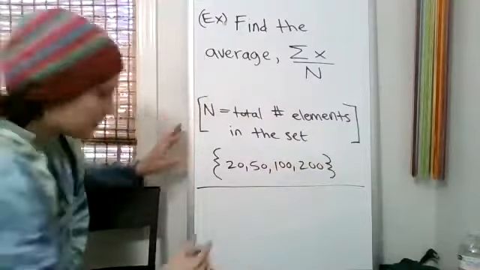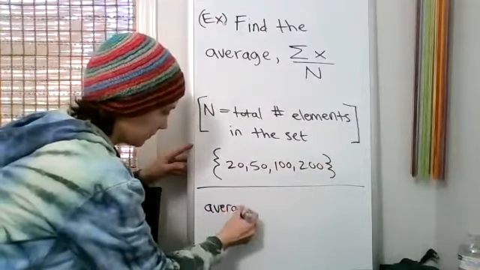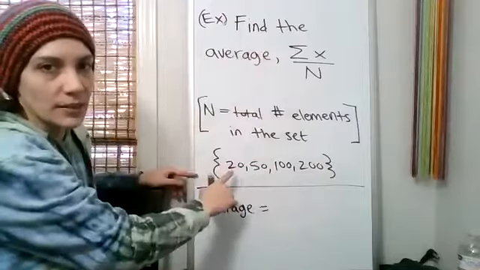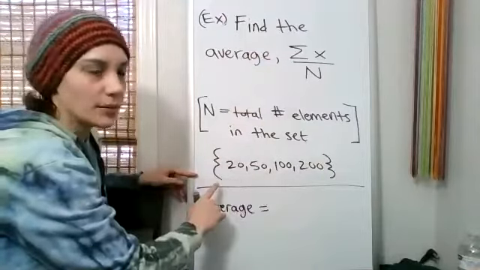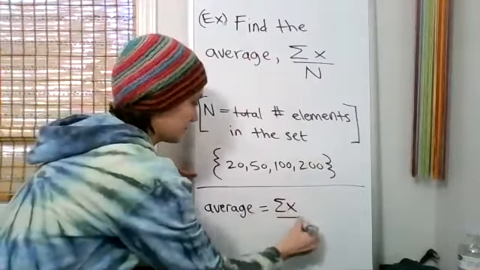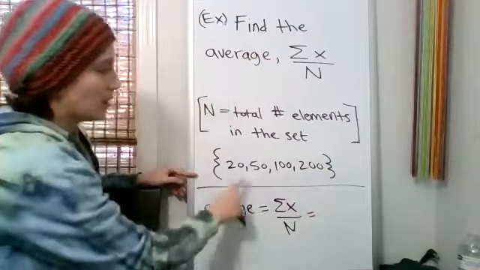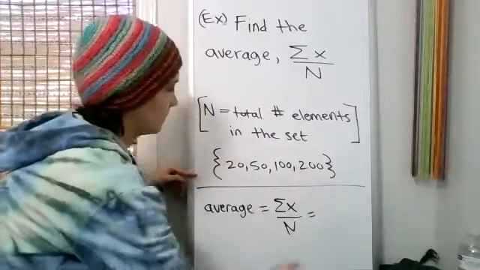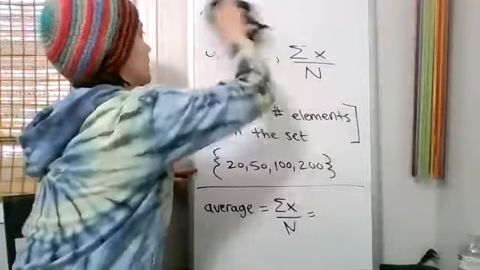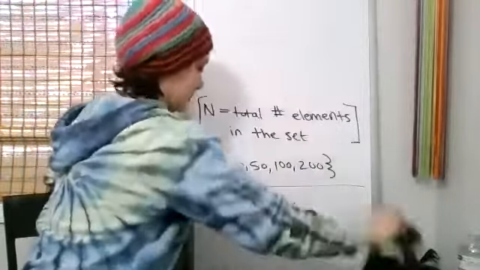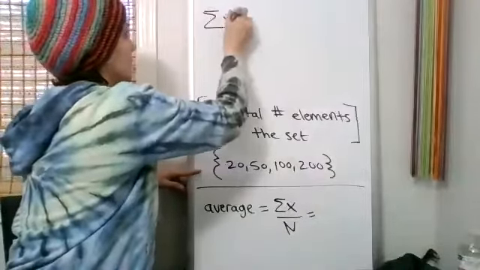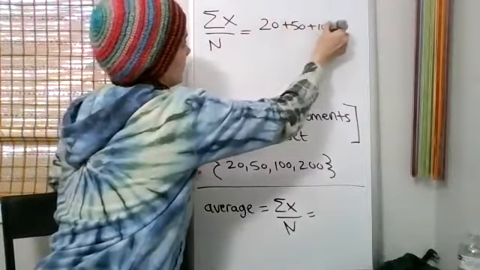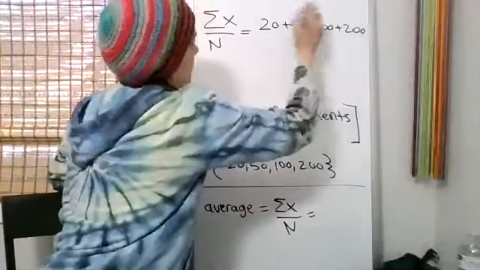So the average, where the formula is to sum all of these x values and divide by the total number of values that you have: 20 plus 50 plus 100 plus 200. One, two, three, four total.